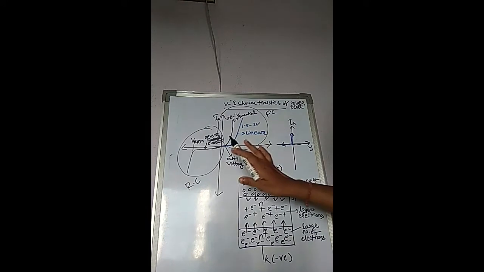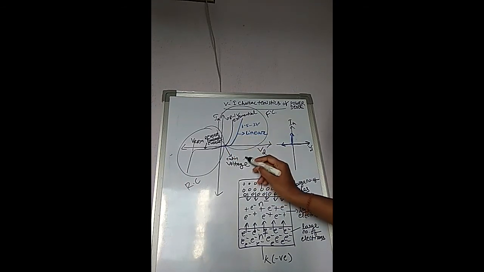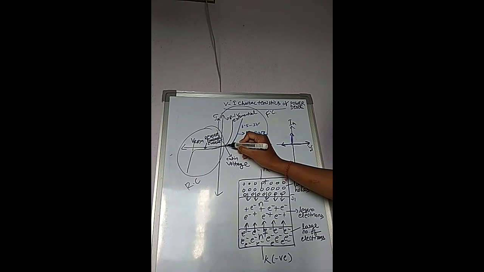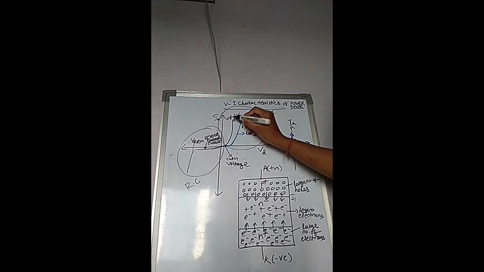So we compare the VI characteristics for both signal diode and power diode. So for signal diode, what is the VI characteristics? See, when the diode conducts in forward biasing mode, when the voltage starts from 0, and when it reaches one voltage known as cut-in voltage or forward threshold voltage or turn on voltage, beyond this voltage the diode starts conducting and the current increases exponentially.